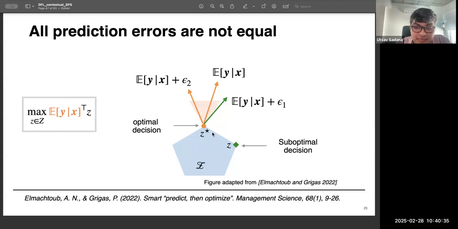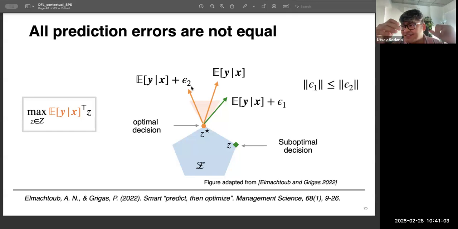So this decision will give worse performance under the true model, right? So basically what matters is not the magnitude. Even though epsilon 1 is less than epsilon 2, the direction in which you make the errors matters, because if you make the errors in the wrong direction, you can have suboptimal performance.